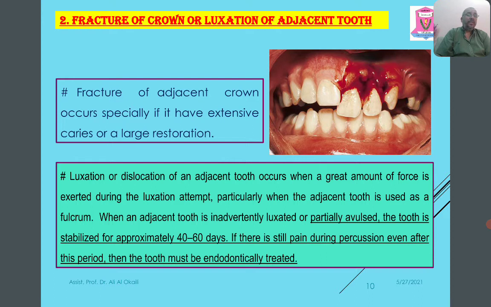And when an adjacent tooth is inadvertently luxated or partially avulsed, انخلع بصورة جزئية, the tooth is stabilized for approximately 40 to 60 days, and if there is still pain during percussion even after this period, then we have to make endodontic treatment for the tooth.